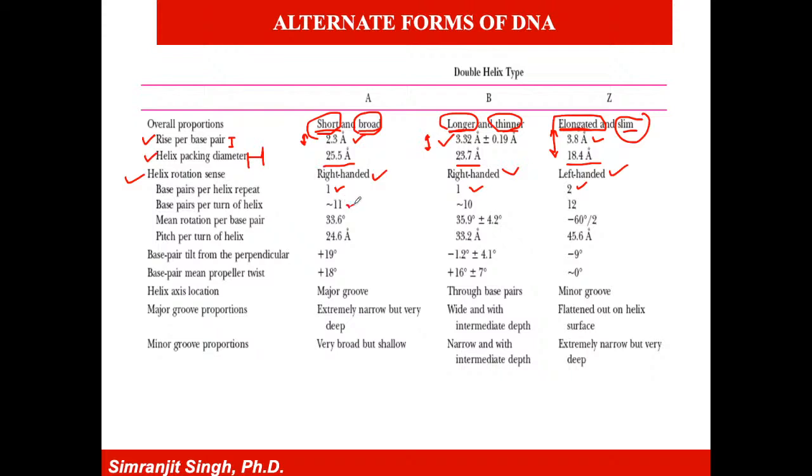In one turn, that is major groove plus minor groove, this has 11 nucleotides, this has 10, and this has the highest, 12. That's why it's elongated. This is longer, and this is shorter.